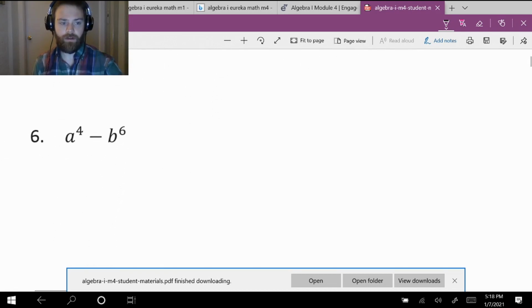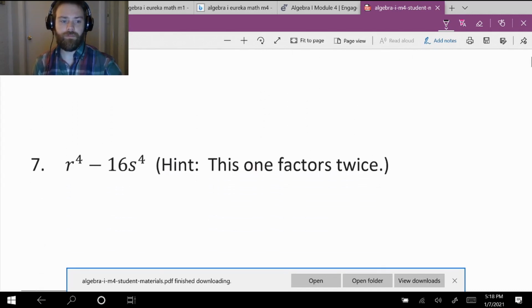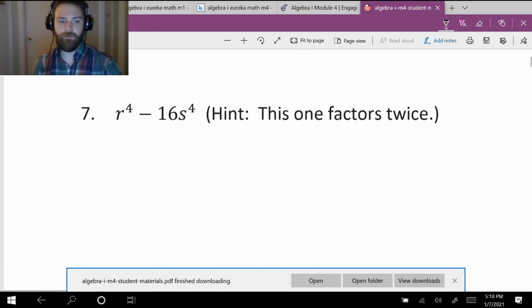Okay, same thing down here. The square root of a to the fourth is a squared, the square root of b to the sixth is b cubed. Right? 6 divided by 2 is 3, 4 divided by 2 is 2, and then over here, a squared minus b cubed, same thing. So we're just applying that formula.